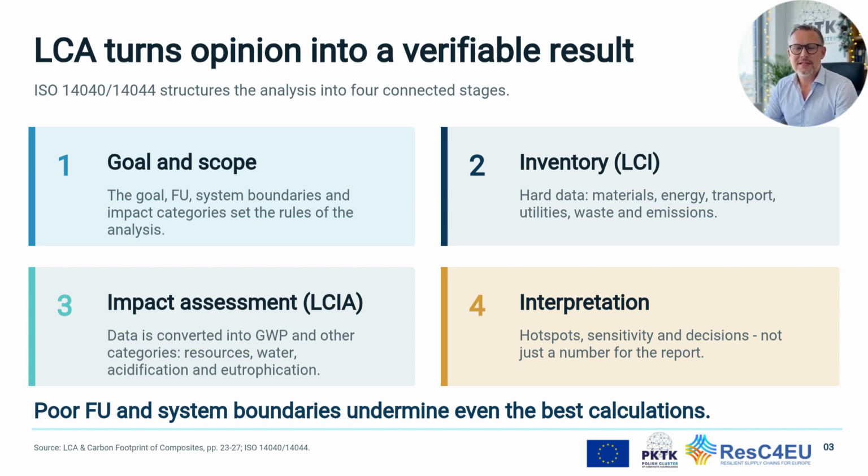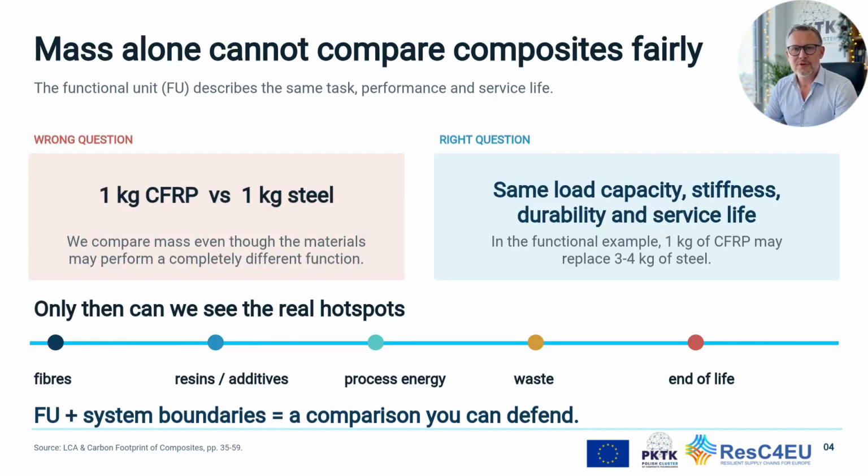The key principle is simple. Even very precise calculations cannot rescue an analysis built on a poor functional unit or unclear boundaries. For composites, the functional unit is especially important. Comparing 1 kilogram of CFRP with 1 kilogram of steel can be misleading because those quantities may not perform the same task. The fair question is how much material is needed to provide the same load capacity, stiffness, durability, and service life.